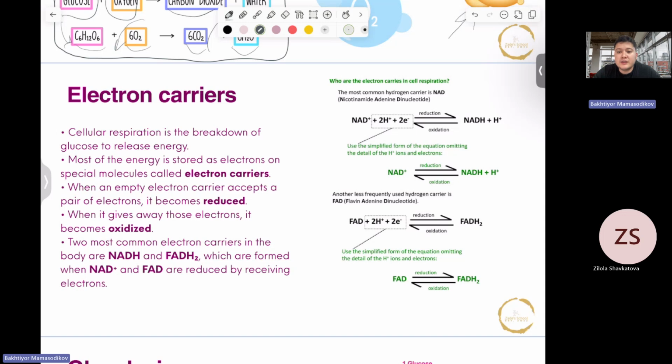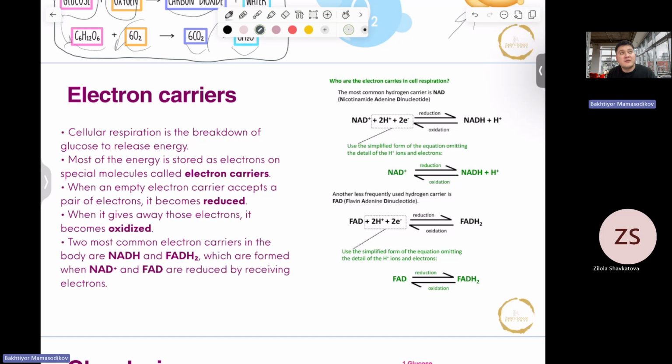So let's continue with electron carriers. What are they? During cellular respiration, the breakdown of glucose, we get a lot of electrons, and these electrons always hold potential energy, not kinetic. But electrons cannot just float around the cell.